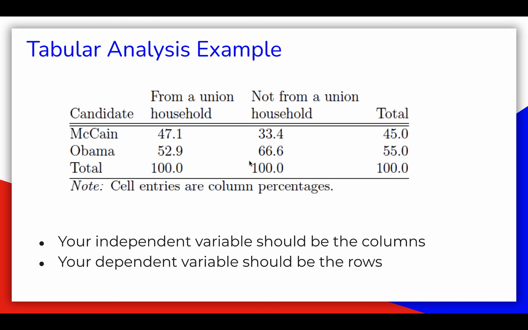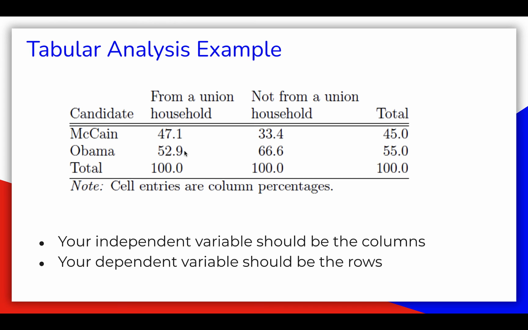This just sort of tells us that yes, there is a slight preference from a union household to vote for Obama, but it's actually quite high anyways. Like if you look at the average, it's about 55%. So it's not necessarily clear here that being from a union household really contributes that much to vote choice, right?